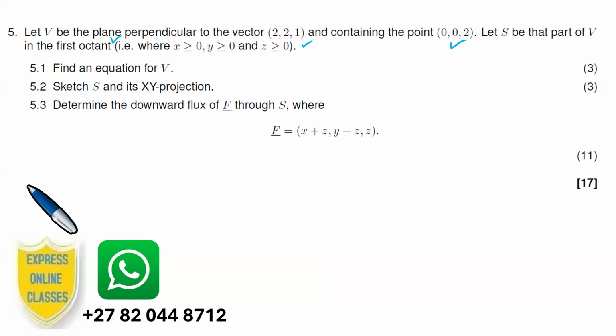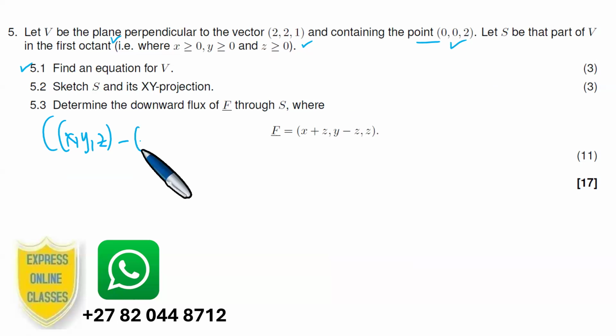So now, this is how we find an equation for the plane. We're doing 5.1. We can start by saying there's a point x, y, z minus another point, which is 0, 0, 2.